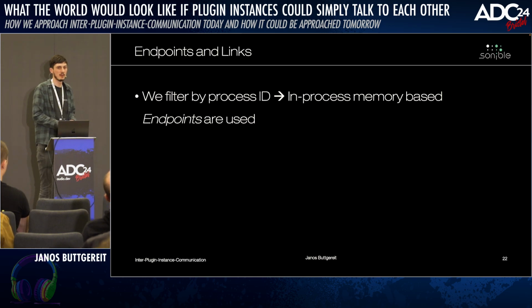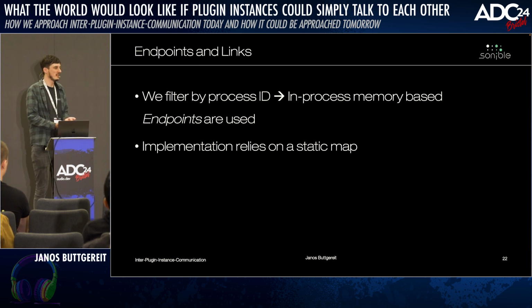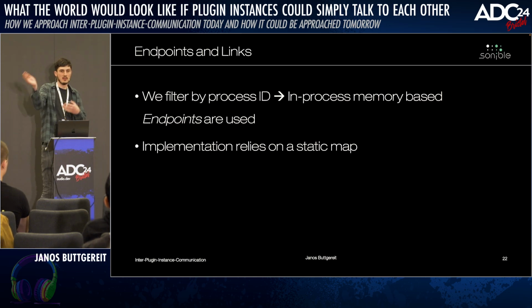Even if we implemented the network-based endpoints, we ended up not using them because once you have filtered by process ID, there's no point in using a network connection to communicate with each other. This implementation just relies on a static map, which registers all the plugin instances, and then we can look up another instance by the ID and create a communication channel. Nothing too fancy there.